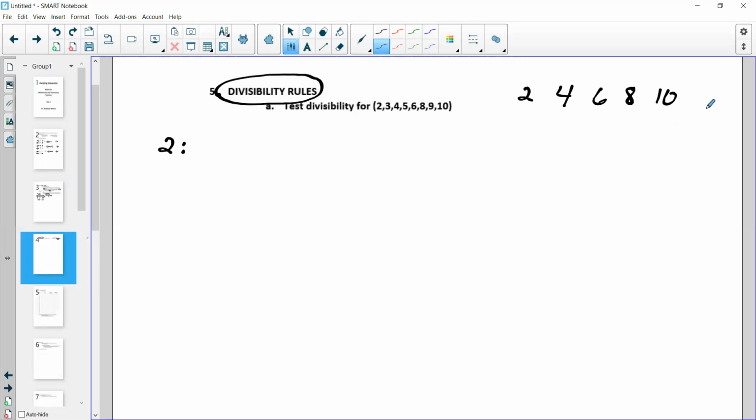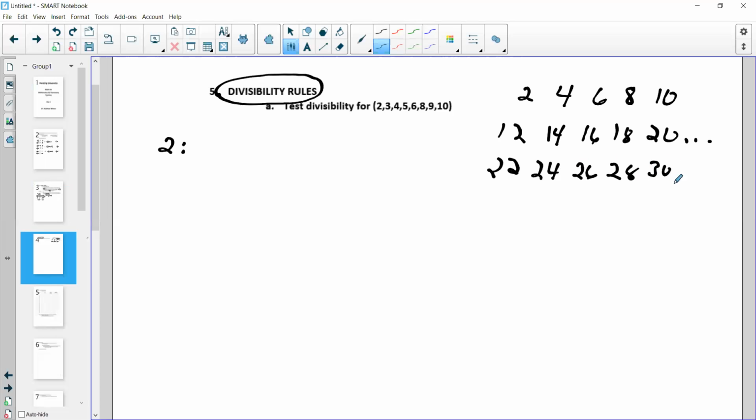But then when I get to 12, you'll notice it divides 12, it divides 14, it divides 16, it divides 18, it divides 20. You start looking at these patterns and you notice, well, if the number ends in a 2 or a 4 or a 6 or an 8 or a 0, then 2 will actually divide that number.